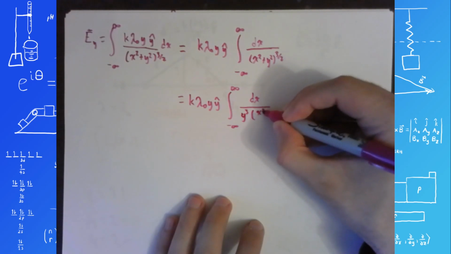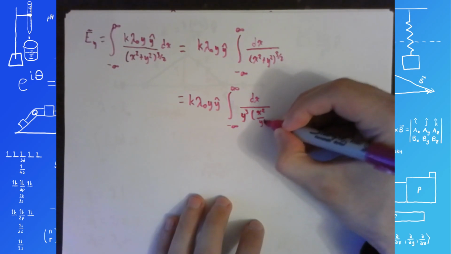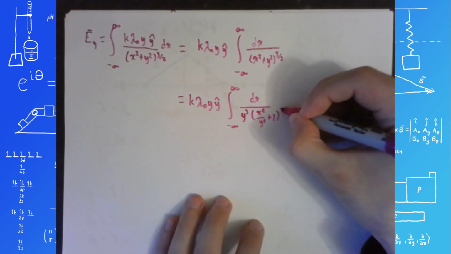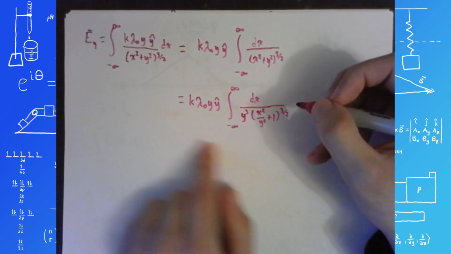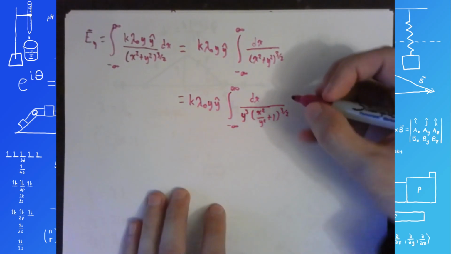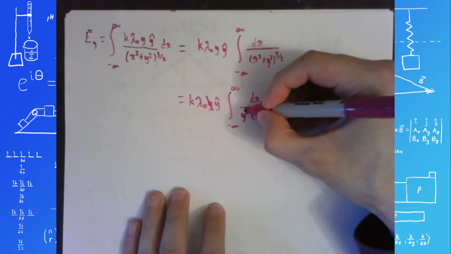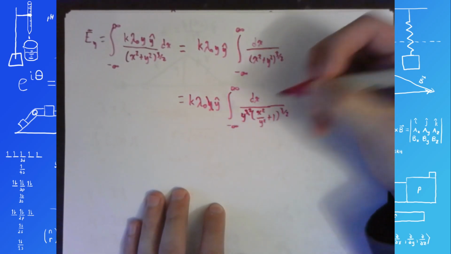Then on the inside I'll have x squared over y squared plus 1, and that's to the 3/2. Okay, that y cubed can be moved over there. It'll reduce with this y over here to a y squared.